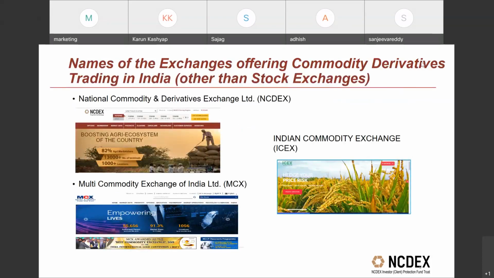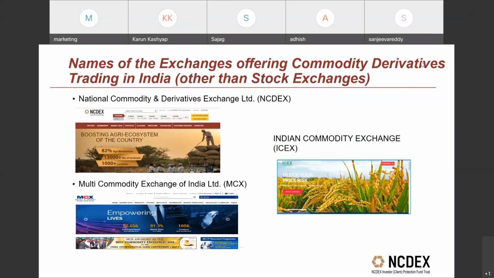These are some of the prominent commodity exchanges, like the National Commodity Derivative Exchange, which is our exchange. NCDEX is prominent in agri commodity trades.